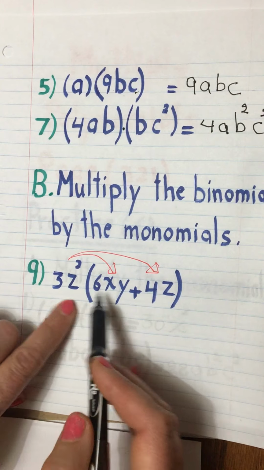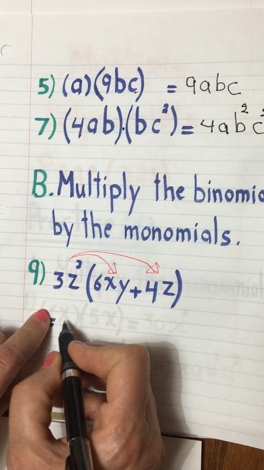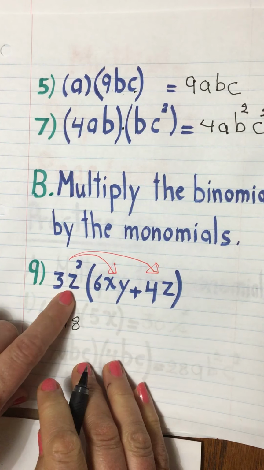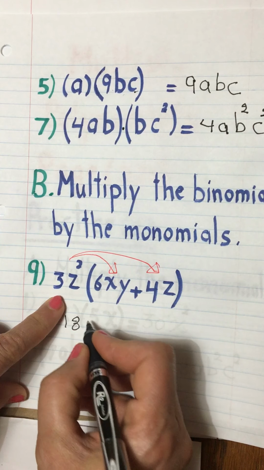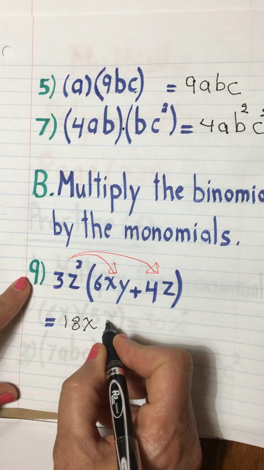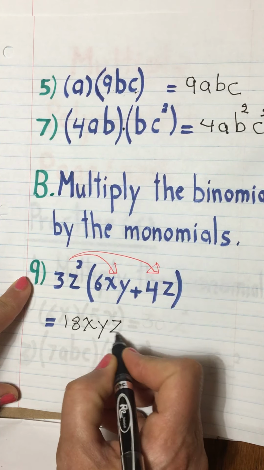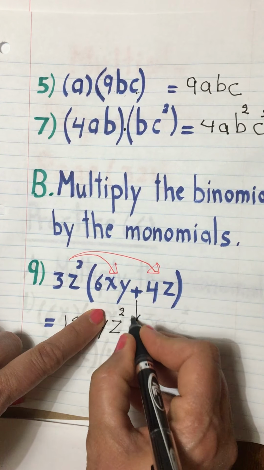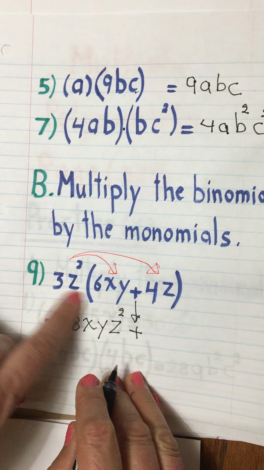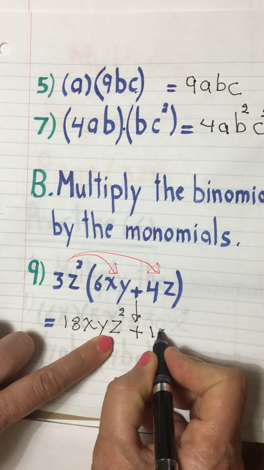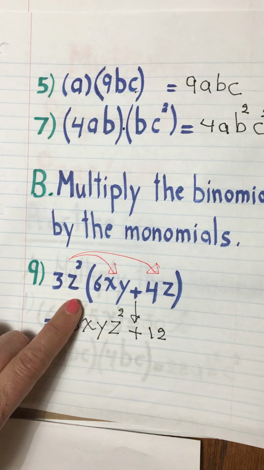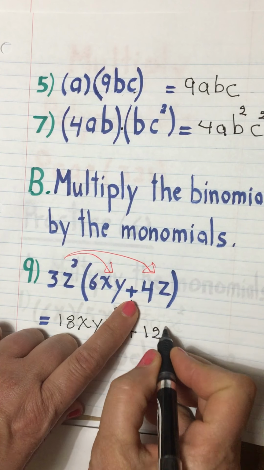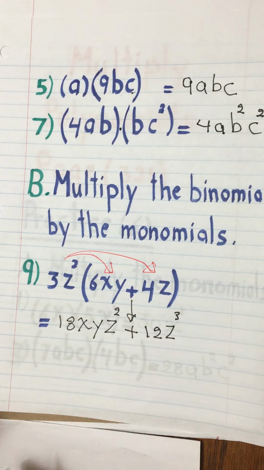So 3z squared times 6, 3 times 6, 18. Z squared times xy, so it's xyz squared, plus 3z squared, 3 times 4, 12. Z squared times z to the power 3.